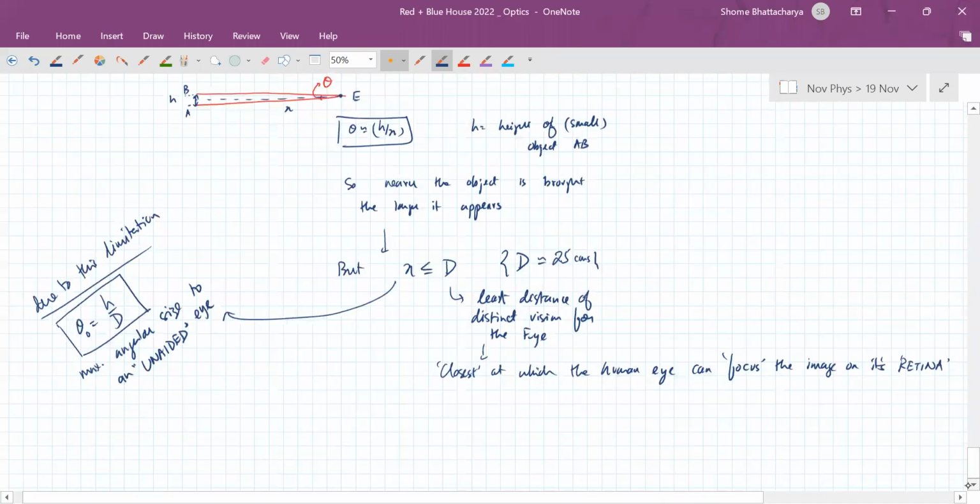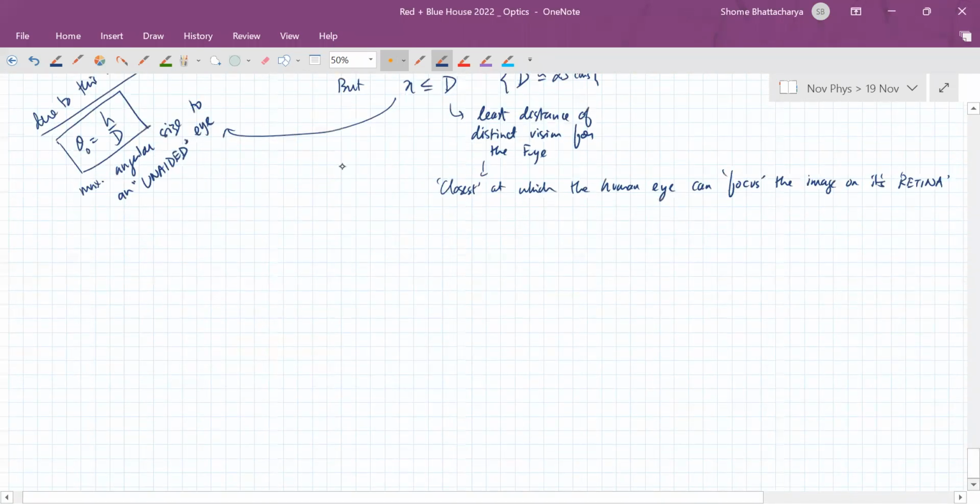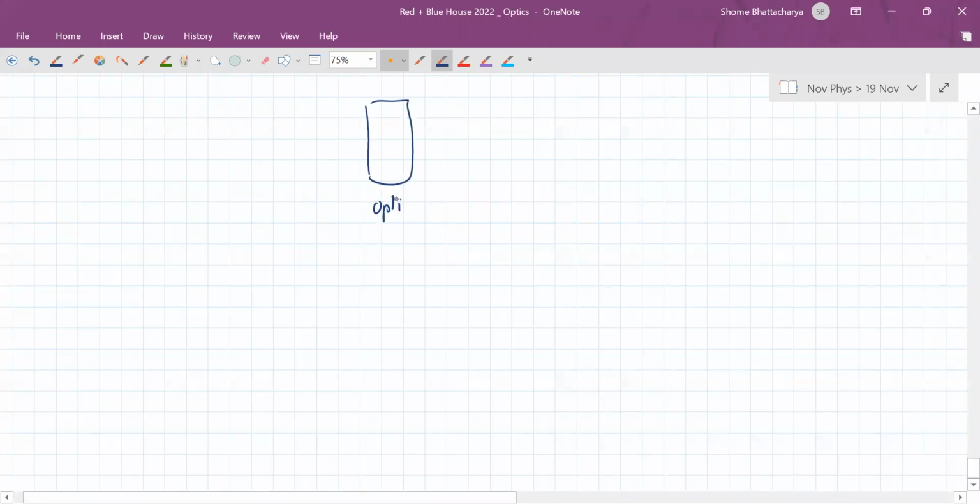Okay, so now if we use any optical instrument and through that we are seeing that small object, we are able to perceive an image of that object.